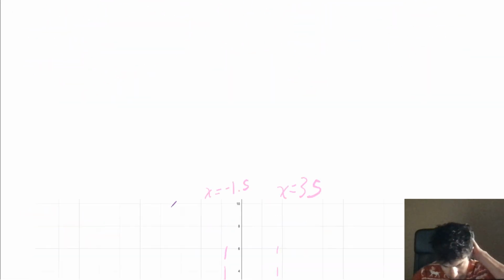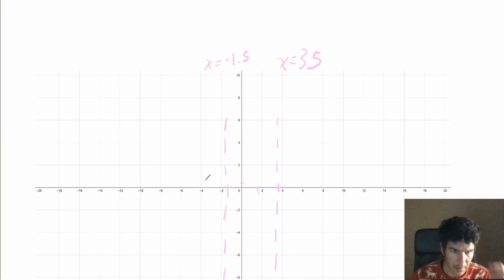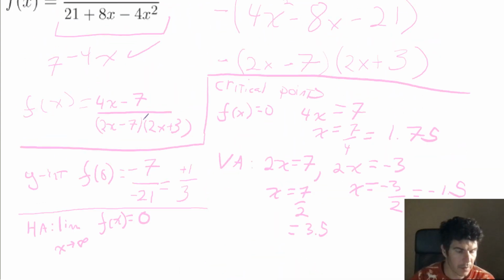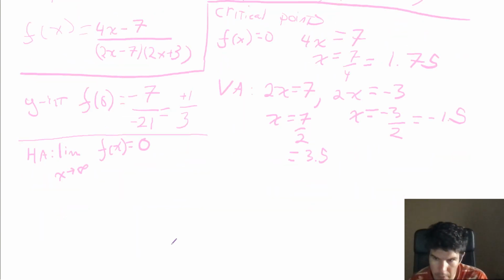So looking back down here, we have our critical points, negative 1.5 and 3.5 on the number line.